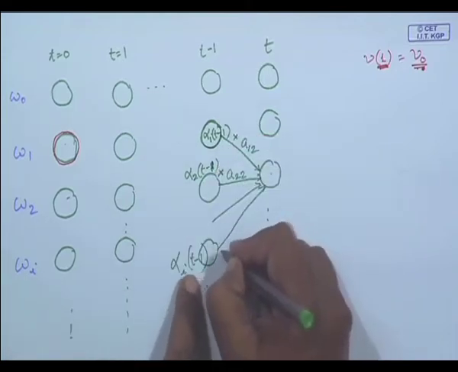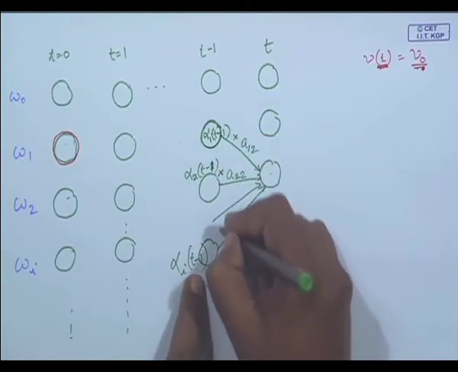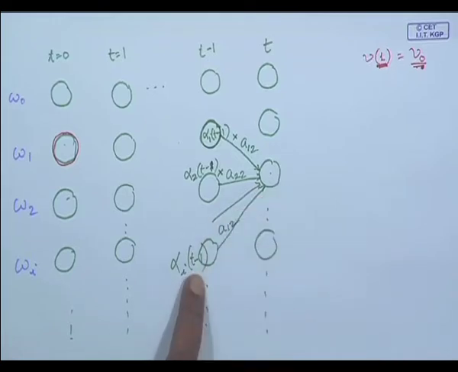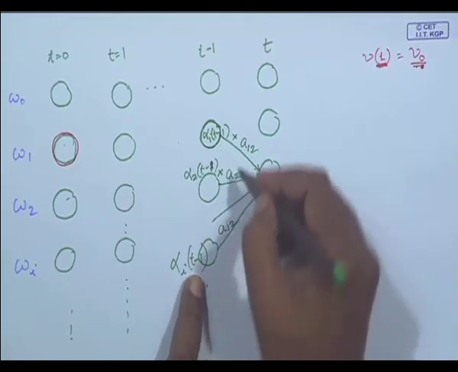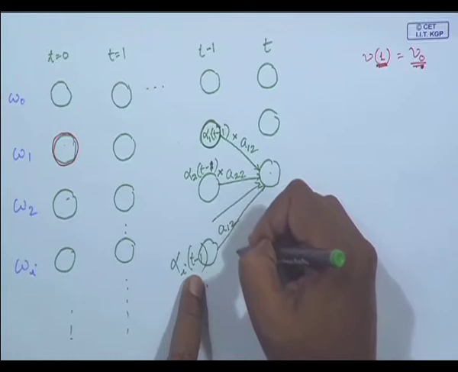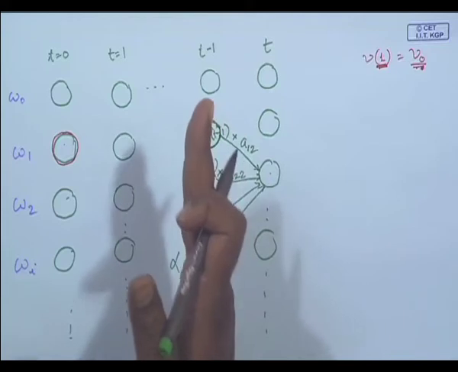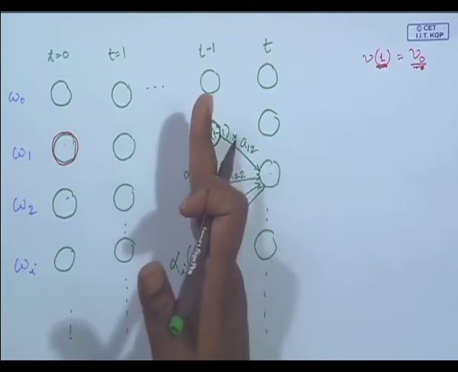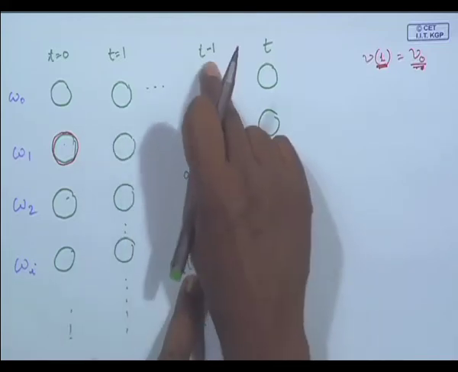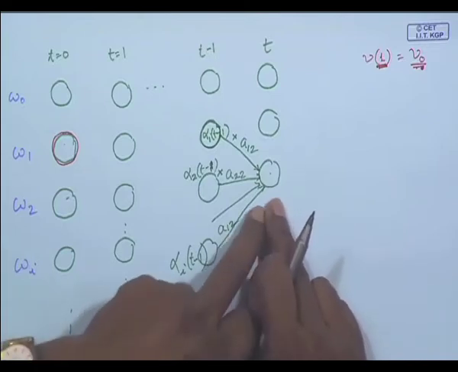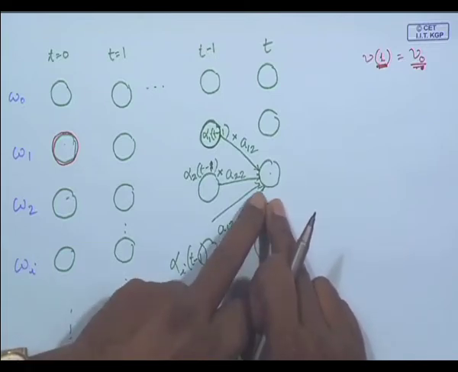Here it is alpha i (t minus 1) into ai2. Okay. And if I take the sum of all these products, what I get is the probability that there will be a transition from any of the states in time step t minus 1 to state omega 2 in time step t.